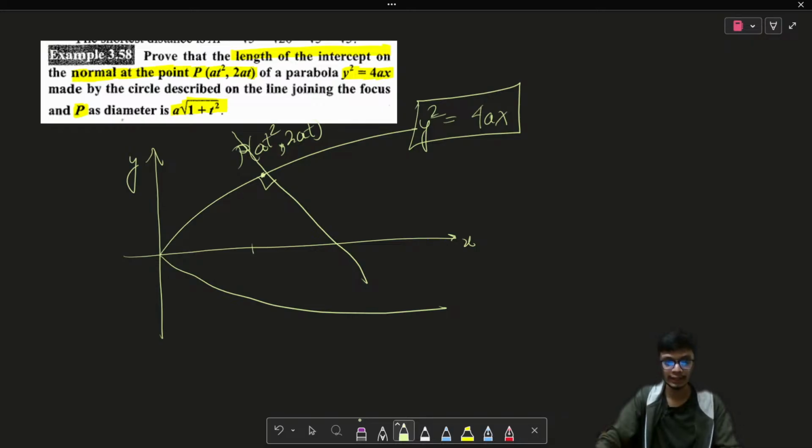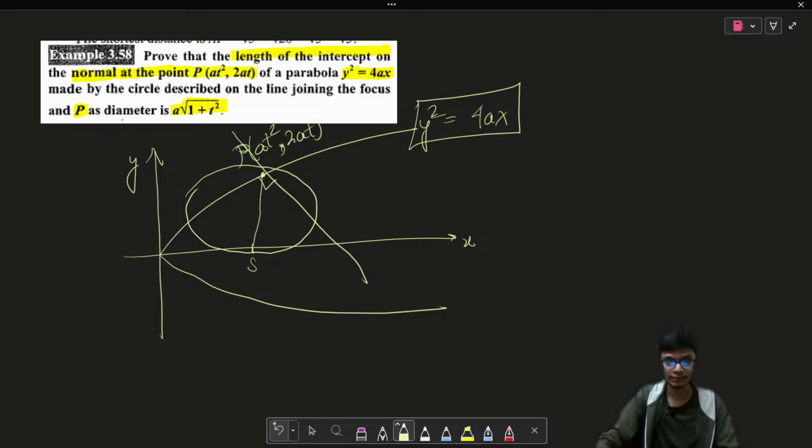Okay, so if I take the focus of this parabola and I try to draw a circle with the PS line as the diameter, something like this. Let me draw it properly, because since this is a normal, it should pass through, right? At least it will look something like this.